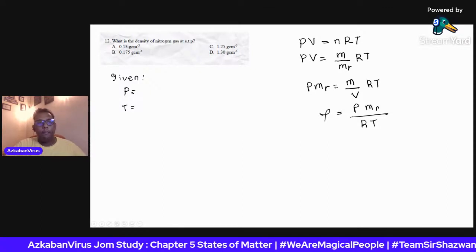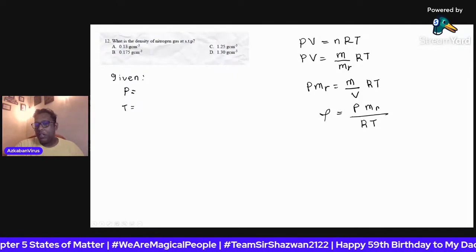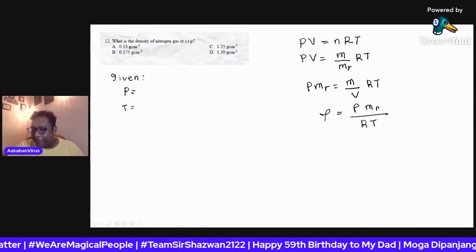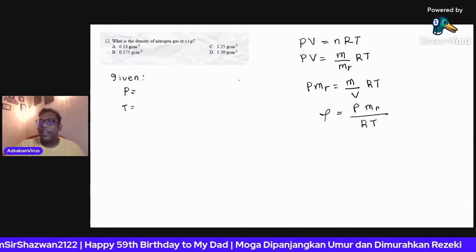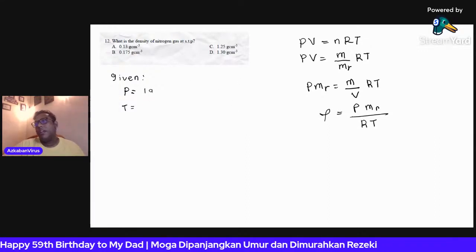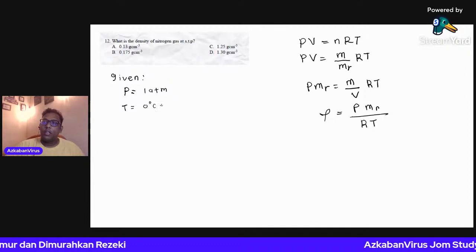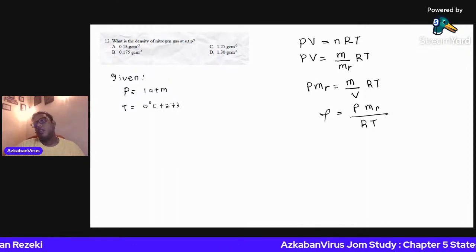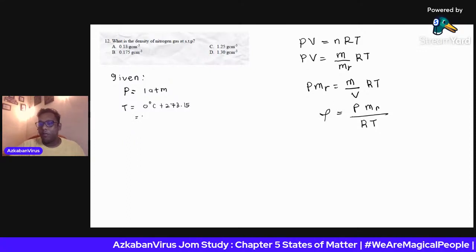Berapa pressure at STP? No, itu adalah molar volume at STP. At STP, pressure dia adalah 1 atm. And the temperature is 0 degrees Celsius. Itu common mistake ya. Memang semua orang selalu buat silap tu.